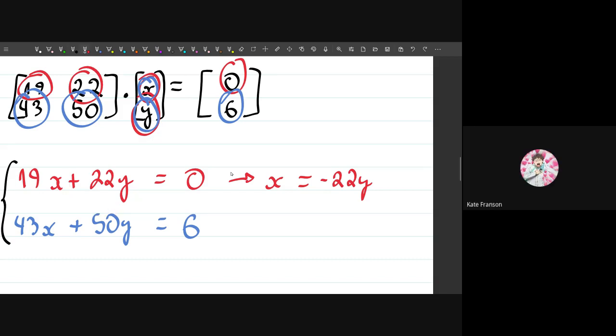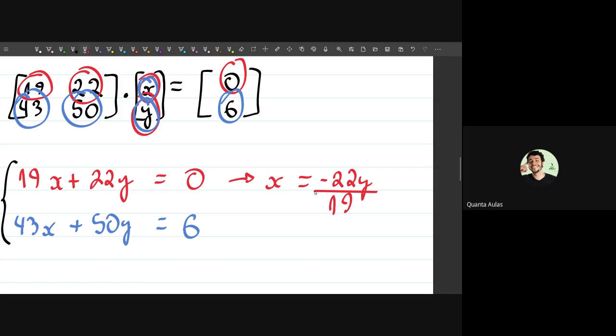So we change the sign. So 19 is multiplying the x. If it multiplies, it goes to another side, divided over 19, right? I isolate the number.